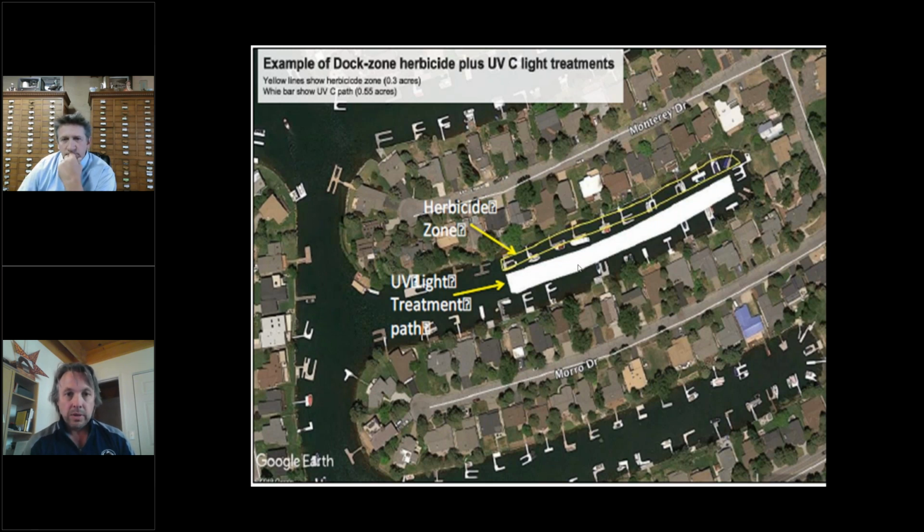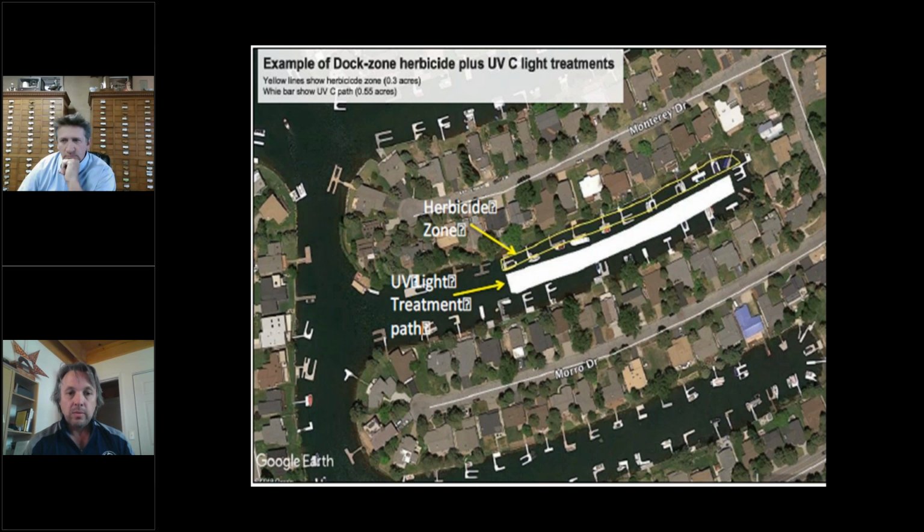So John will show you a picture here in a moment or two, the difficulty it is leading up to edges, especially in a situation like this where we have channels that have different bottoms, they have sloping sides that the UV light array may not be able to treat effectively, at least at this time.